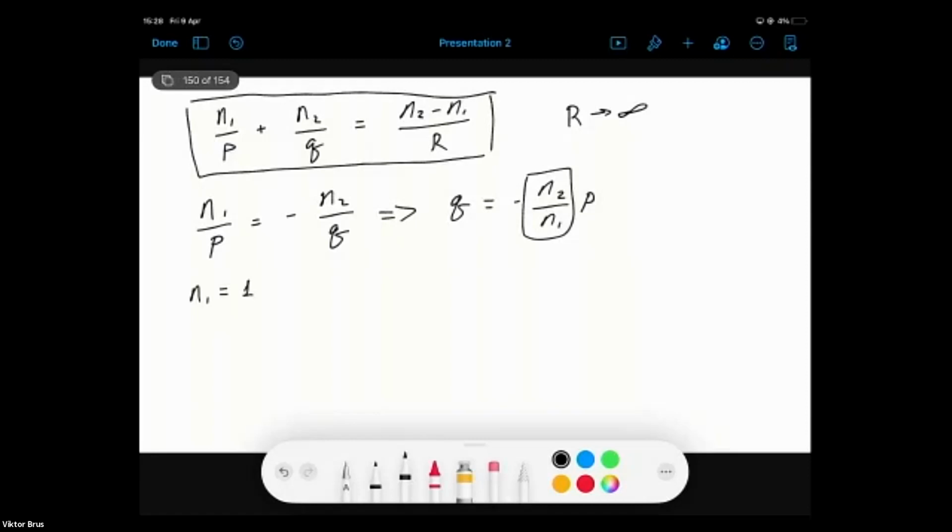And now we can apply this general equation for the image by refraction.